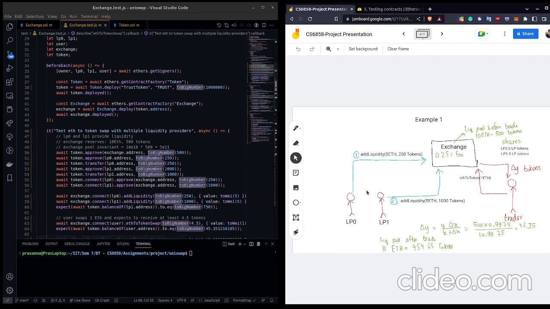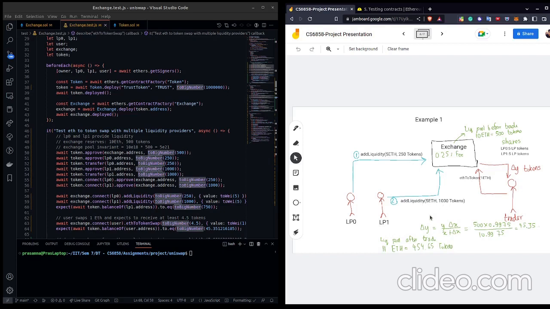So we'll first understand the scenario. We have an exchange which has 0.25% exchange fee. The first liquidity provider comes and adds liquidity by sending 5 ETH and 250 tokens. Now the second liquidity provider comes and sends 5 ETH and 1000 tokens.